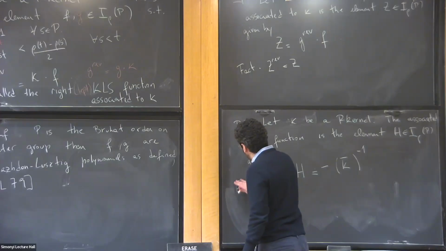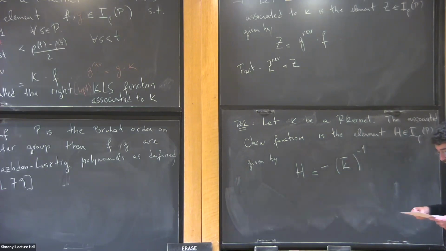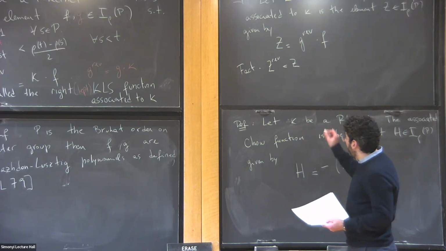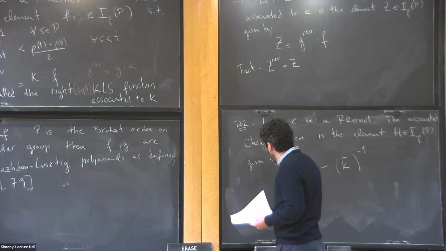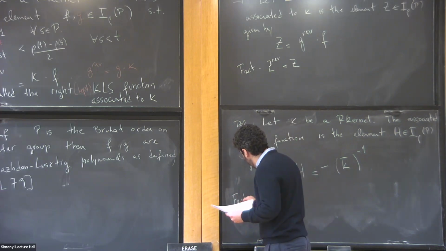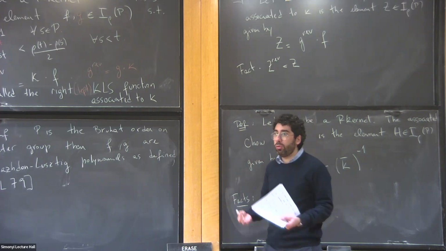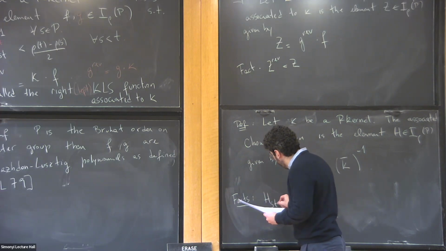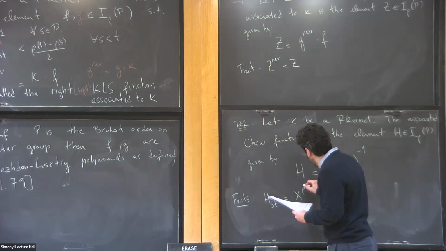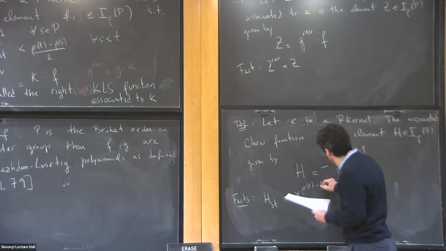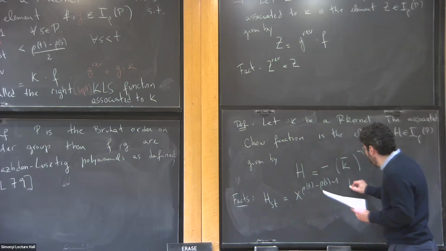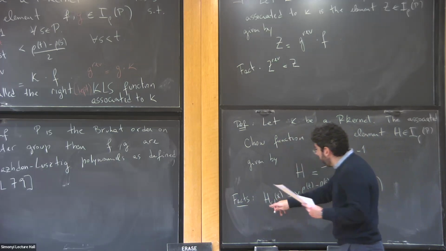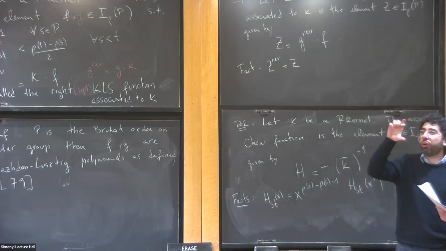Actually, let me write it as a theorem. But before that, in the same way that I told you a few properties of the zeta function, let me tell you a few properties of H. It is possible to prove that H_{S,T} is a polynomial that is palindromic, but the degree dropped by 1.